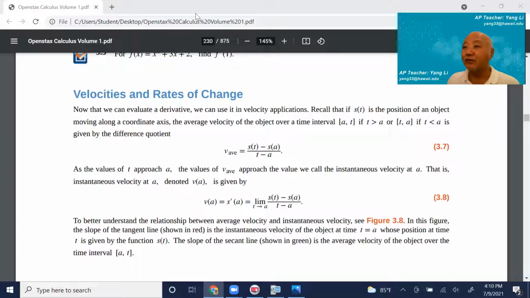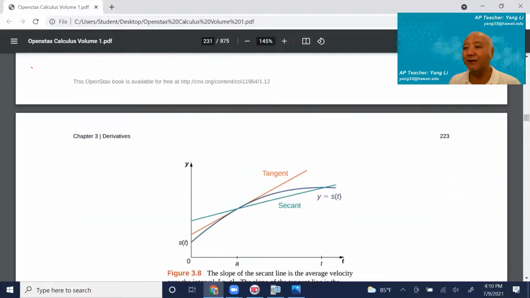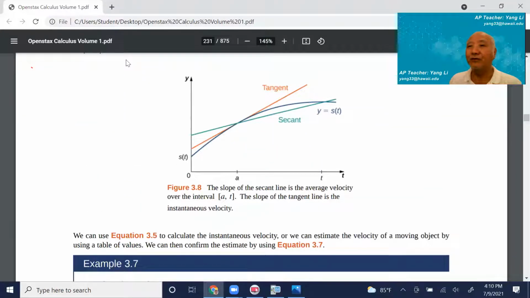Remember we learned about this one here? We'll just use the graph, it's easier. You see there is a graph here. Before, we said for any function, this is f(x), right?